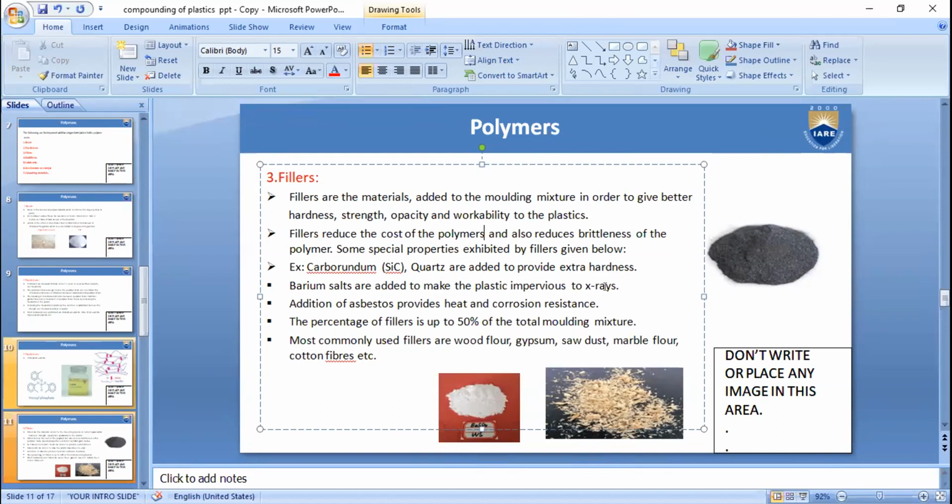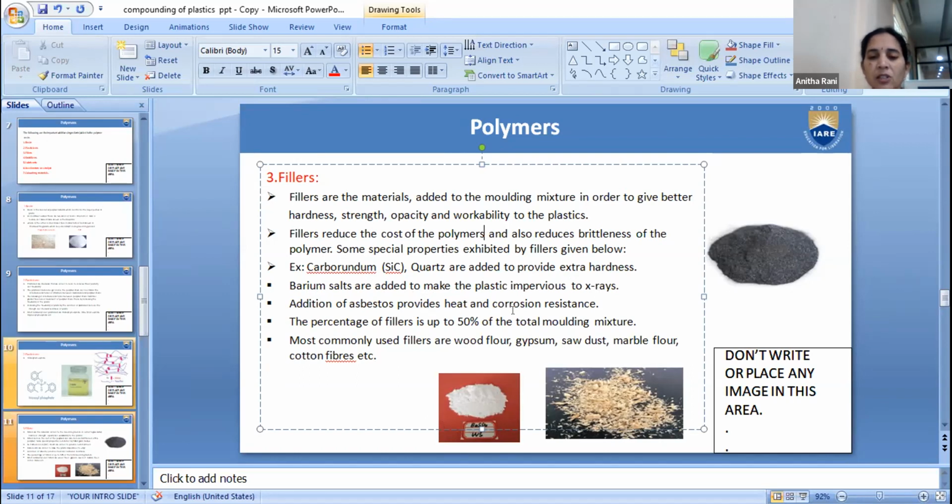Okay, students, we will add barium salt also. And we will take asbestos also, because it provides heat and corrosion resistance. It is resistant to heat and corrosion. So these are the fillers. First, to improve the hardness, carborundum and quartz. Second, barium salt, impervious to X-rays.